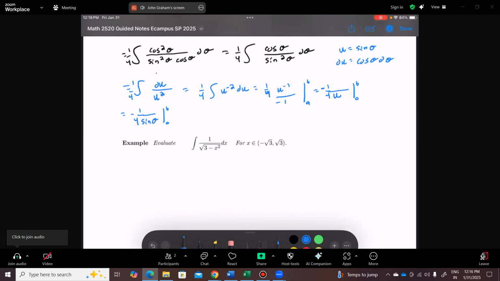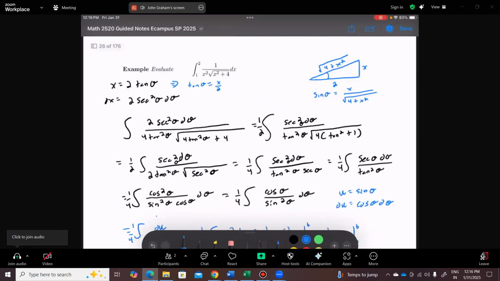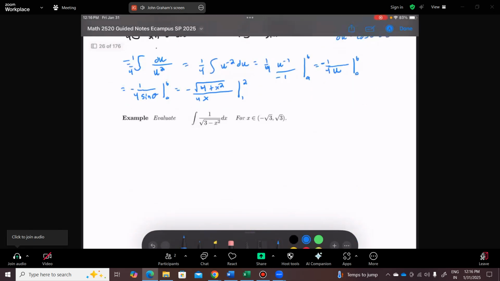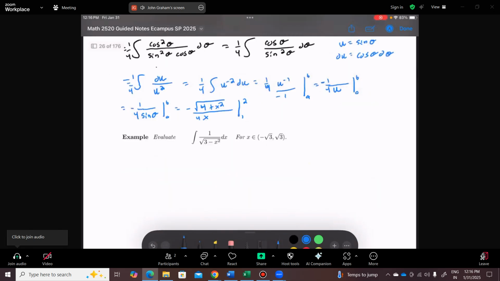Okay, so we'll flip that because sine's in the denominator, 4 plus x squared, then the 4 on the bottom, and then x on the bottom. And this is what we evaluate from 1 to 2. So we couldn't do our limits until we got it back to x's, because the x's is where it goes from 1 to 2. Yes, you could change your limits if you wanted to, but that would be even tougher.